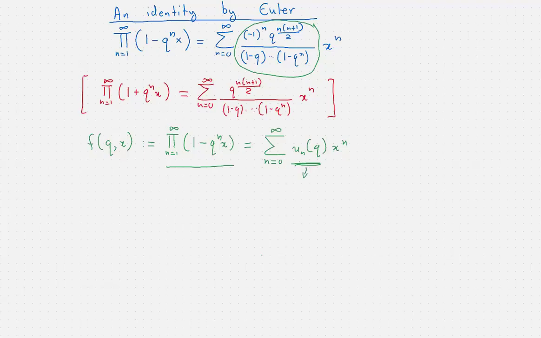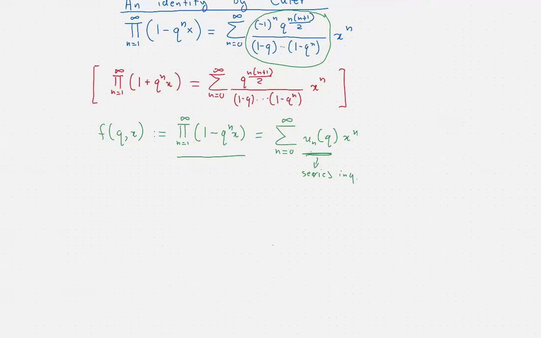Okay, so having said all this, let's just notice the following very simple identity, that f of q comma x is nothing else but, let's just write it out. I think this is the easiest way to make the point that I will try to make.